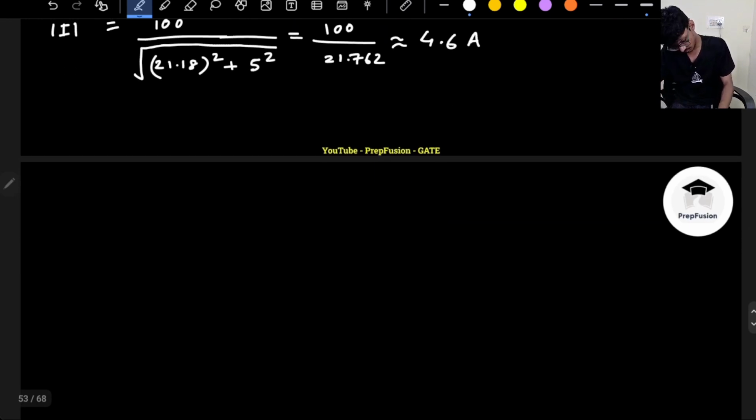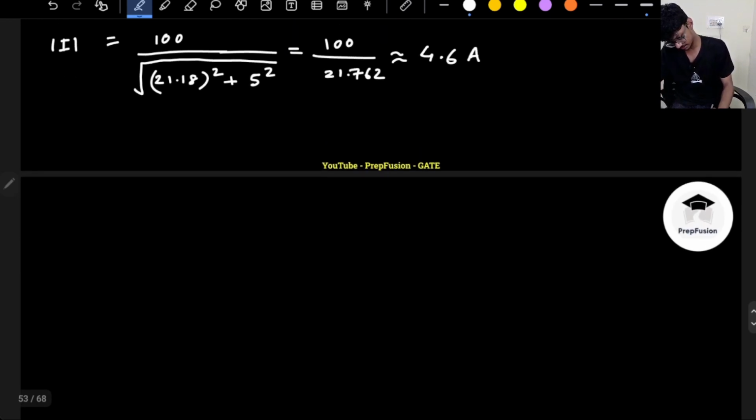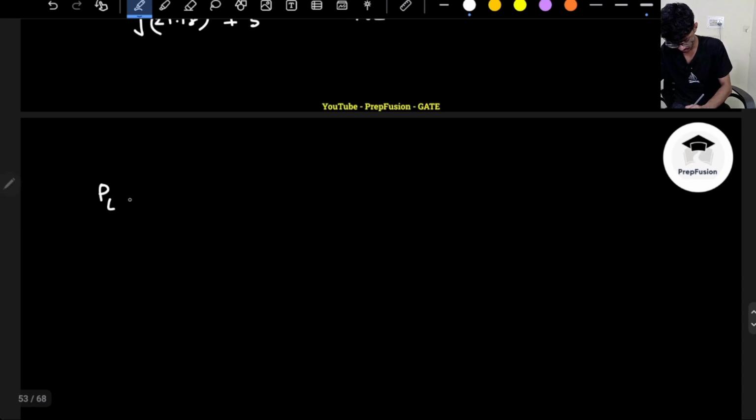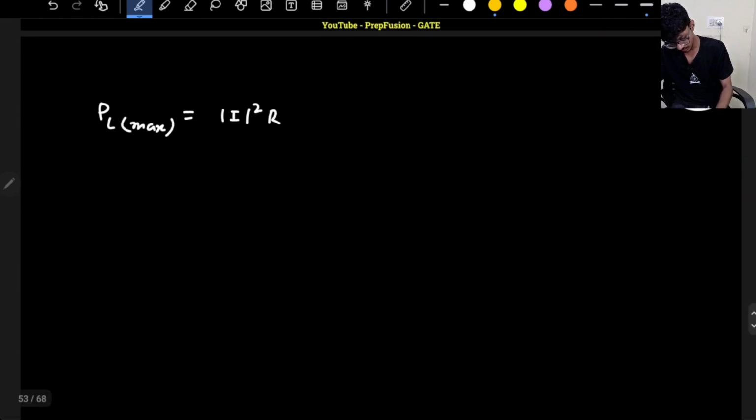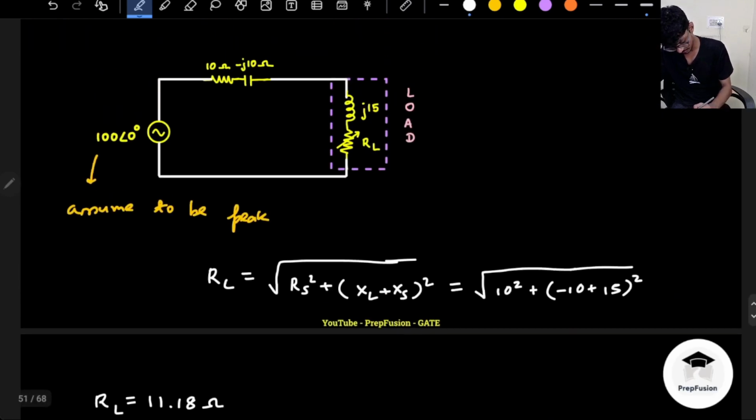So from here you can directly write that PL max, that is power delivered maximum across the load, will be I RMS squared into R. Here nothing is mentioned whether this is RMS or peak, so you will assume it to be RMS.